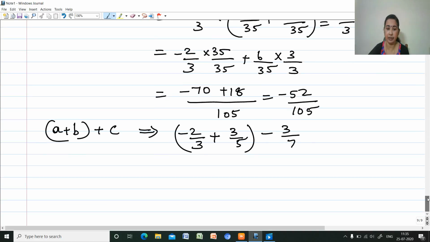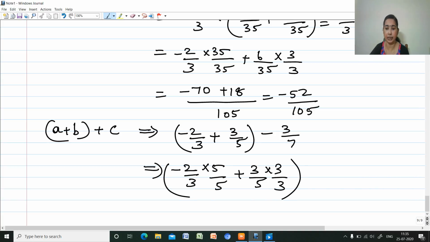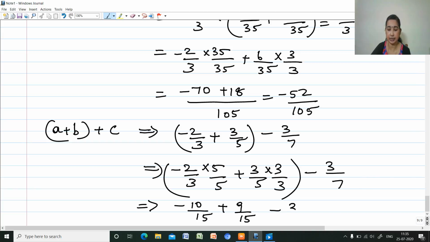So in the same way, rearranging and doing all these. Here we have to make the denominator same. So it becomes 2 by 3 into 5 by 5 plus 3 by 5 into 3 by 3, then minus 3 by 7. So that is minus 10 by 15 plus 9 by 15 minus 3 by 7, which is equal to minus 1 by 15 minus 3 by 7.